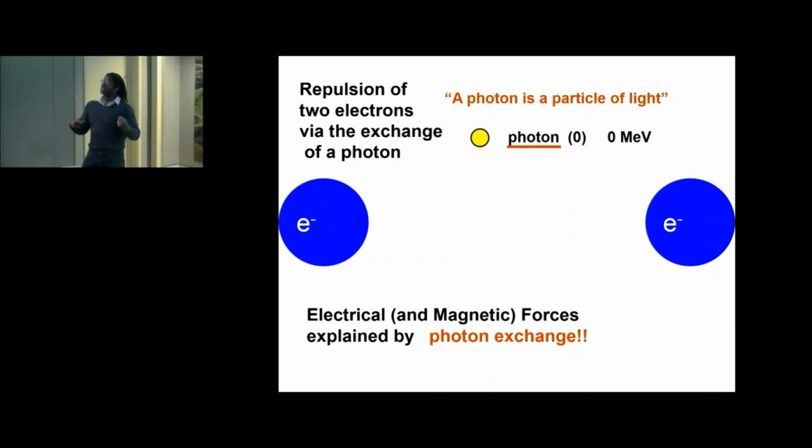The other electron which absorbs this photon then receives that photon and its momentum in that direction, so then it moves in the same direction as the photon. So that's why the electrons change direction, and that's why they feel what we see as the force. Essentially, it's photon exchange, and that photon is transferring momentum.